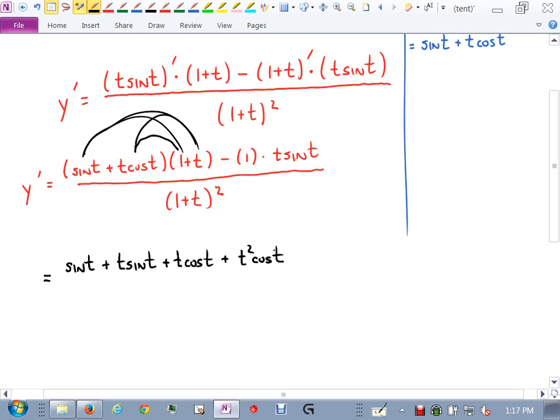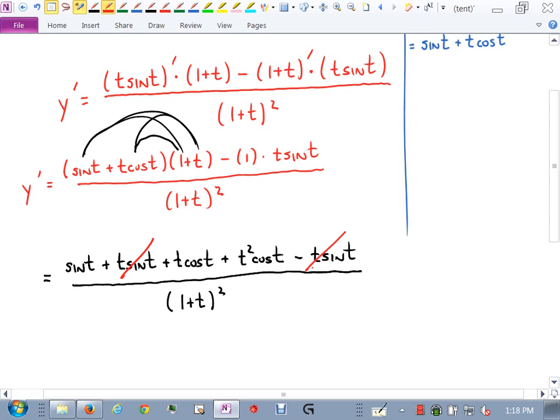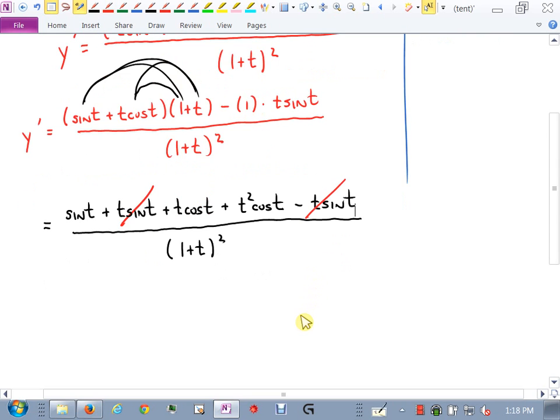Then I still have up there what? Next to that, minus t sine t. All of this over 1 plus t quantity squared, or the quantity 1 plus t squared. And I think something cancels there, doesn't it? T sine t. And that should be it.